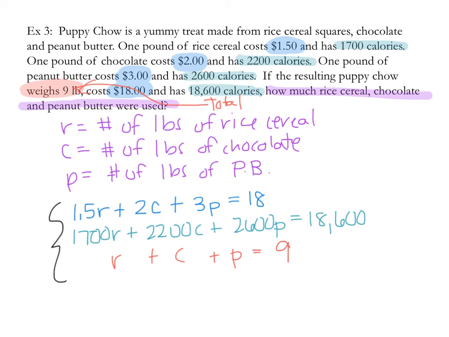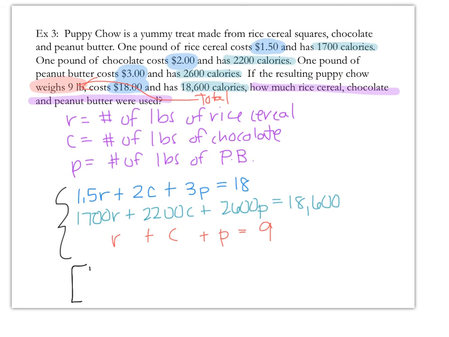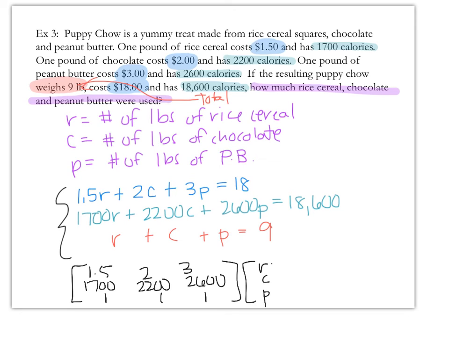Okay? So now let's go ahead and set up our matrix. It's going to be 1.5, 2, 3, 1,700, 2,200, 2,600, and then the bottom one is just 1, 1, 1. That's in the order R, C, P. That's important, so when we get the answer, we know what order it's in.